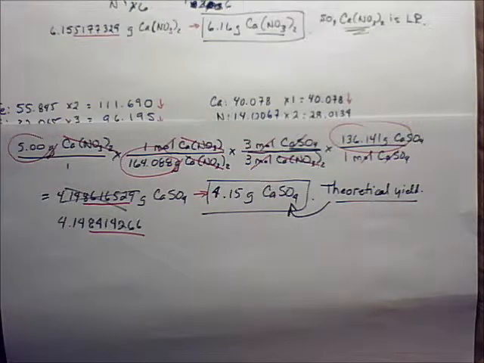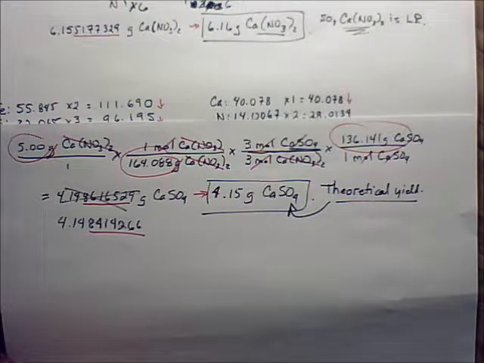What's the definition for theoretical yield? Theoretical yield is the maximum amount of product that could theoretically be produced. Say that again. The maximum amount of product that could theoretically be produced.